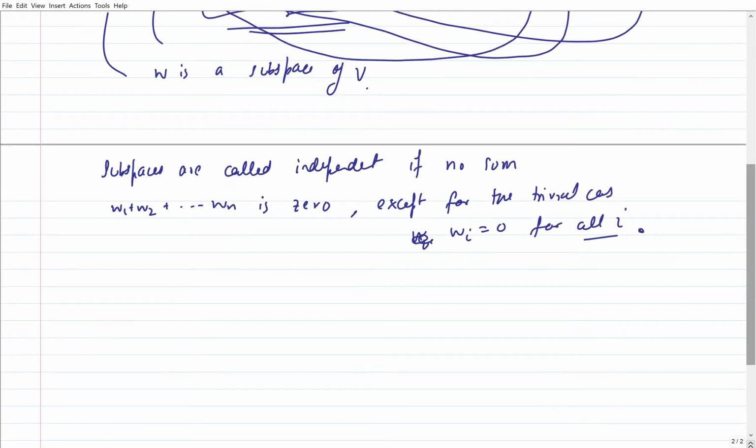That essentially means that if you have a sum w1 plus w2 till wn where each of them belongs to different subspaces, the only way this can be 0 is when each of these is 0. That means that the subspaces are independent. They don't cancel each other in any other way.